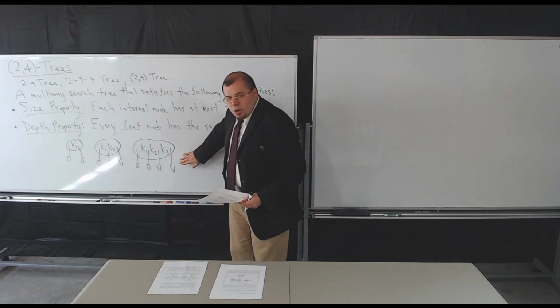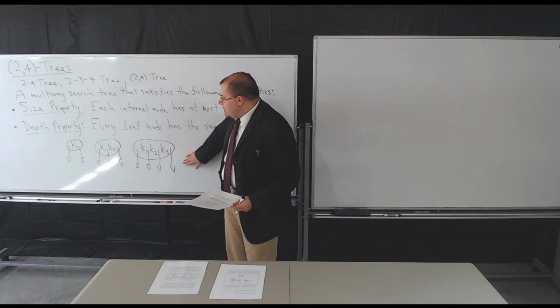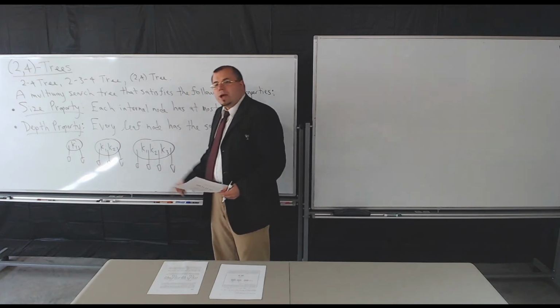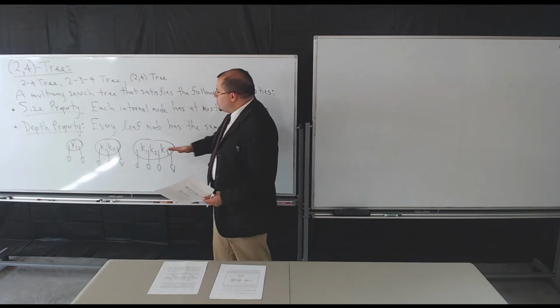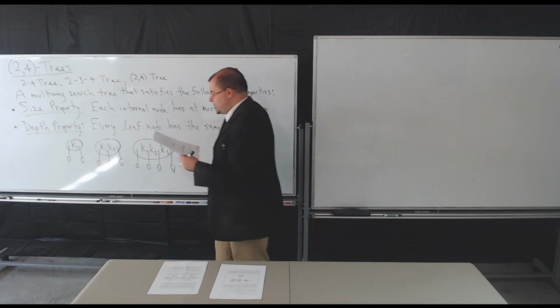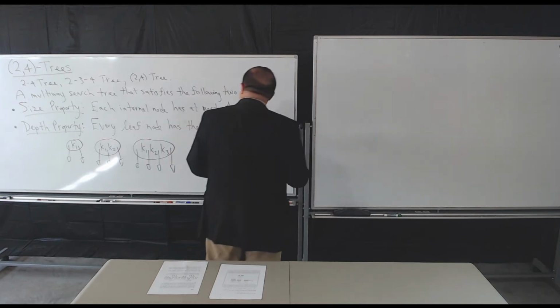So the nodes in this tree will look only like one of the 3, where any one of these could potentially be an internal node. However, all of the leaf nodes are going to be on the same level. Let me show you an example of what I mean.